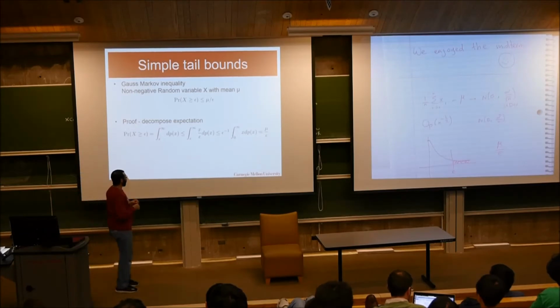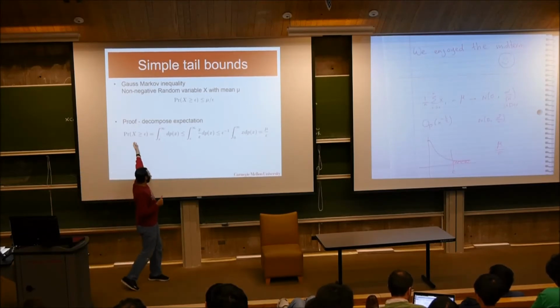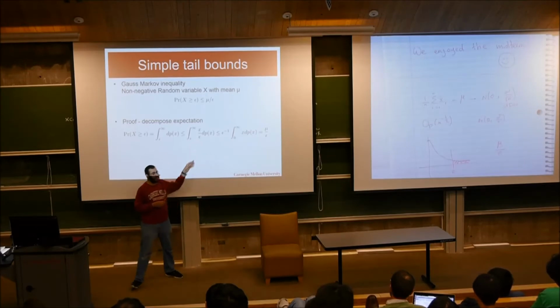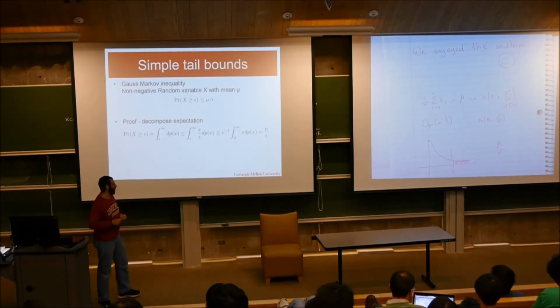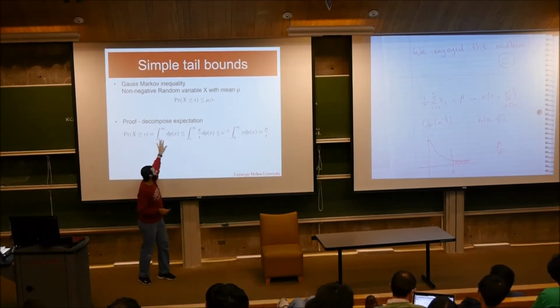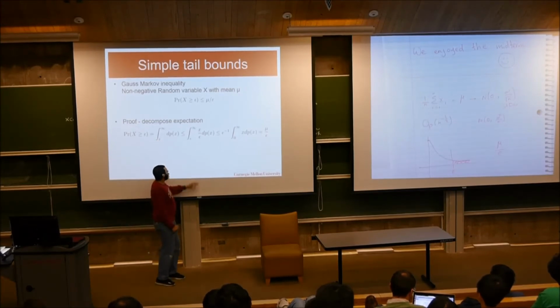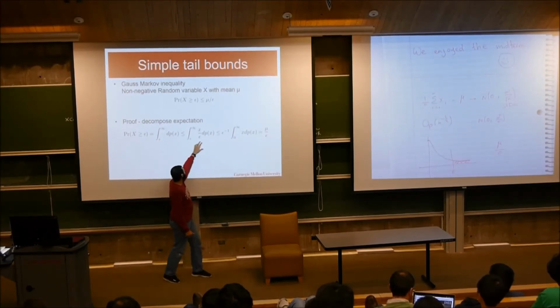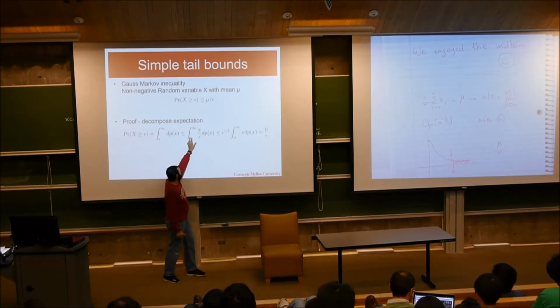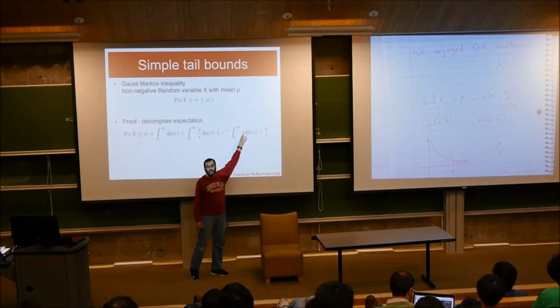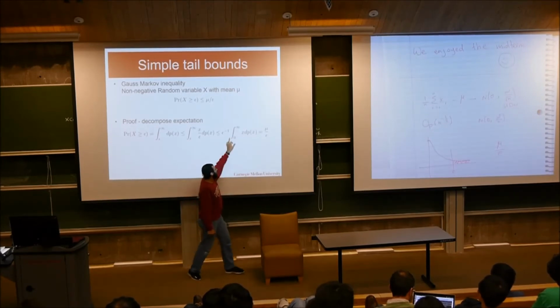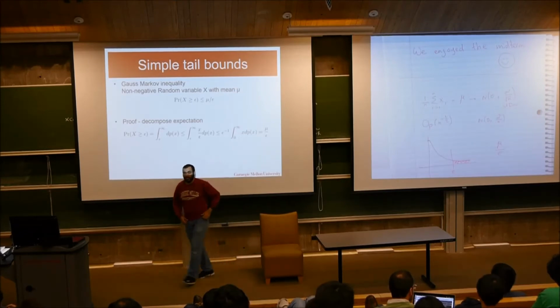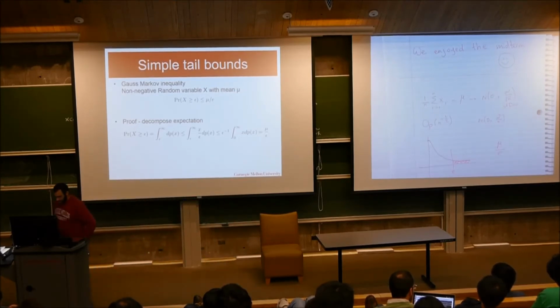But above epsilon, x over epsilon will be greater than 1, and so this is an upper bound of this one. So we can move epsilon outside. And this is an integration from epsilon to infinity, so it will be less than integration from 0 to infinity, right? And this is nothing but the mean. This is the simplest bound.